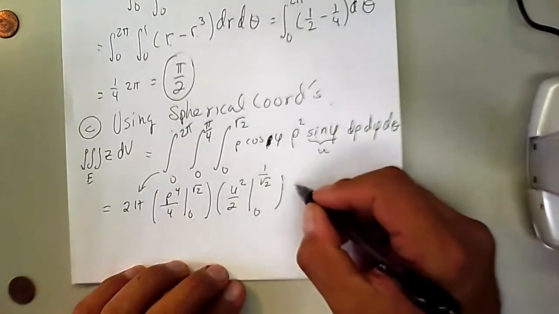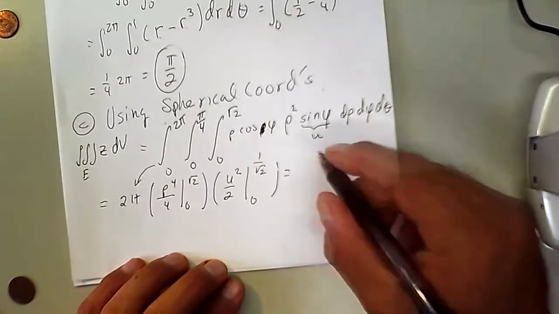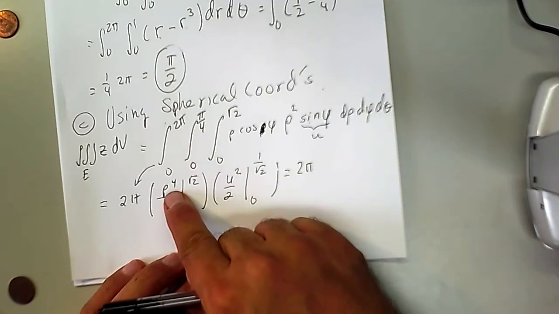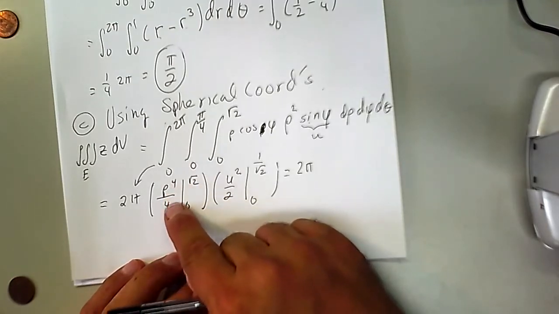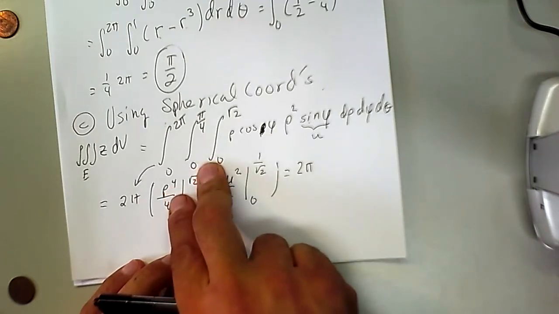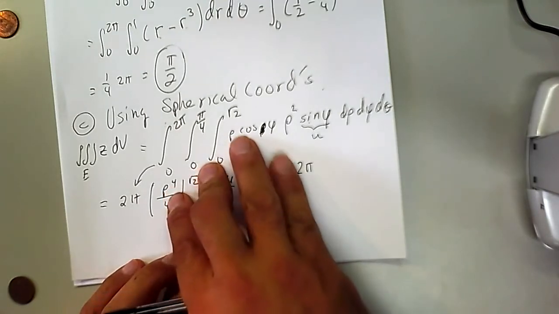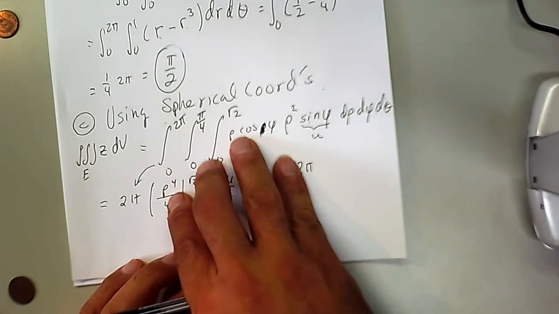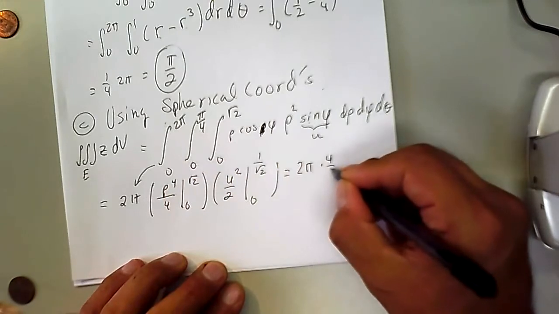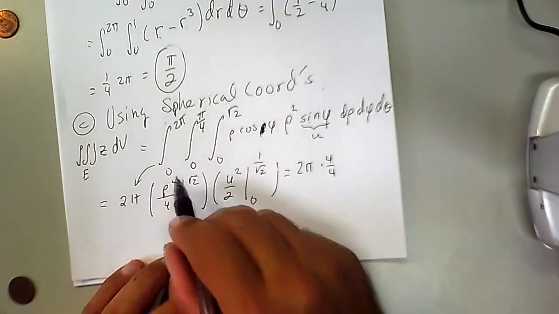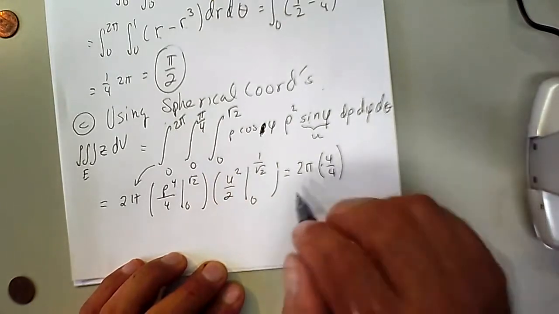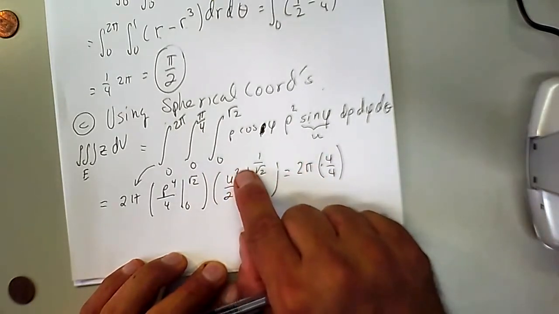Okay. So that is 2 pi times square root of 2 to the 4. Well, square root of 2 times square root of 2 is 2. And then another 2 for another pair of square root of 2's. That makes a 4. So we end up with 4 over 4 for this portion. Let's put that in parentheses. And then here we have u squared.